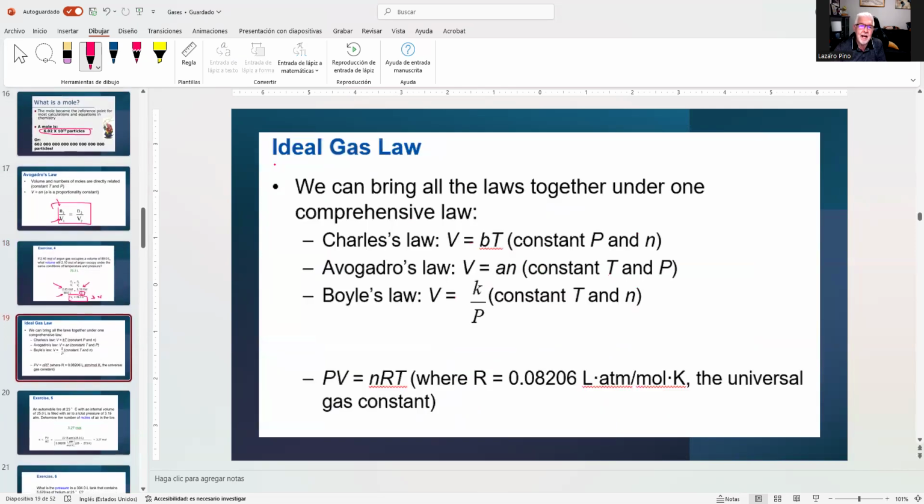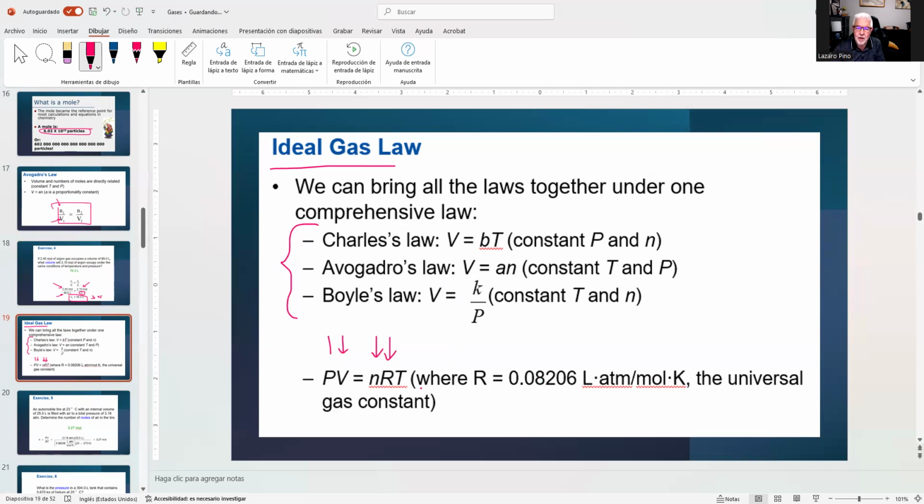The ideal gas equation is a combination of the three laws and establishes that pressure times volume is equal to the number of moles times the constant of the gas, that is R, times the temperature.